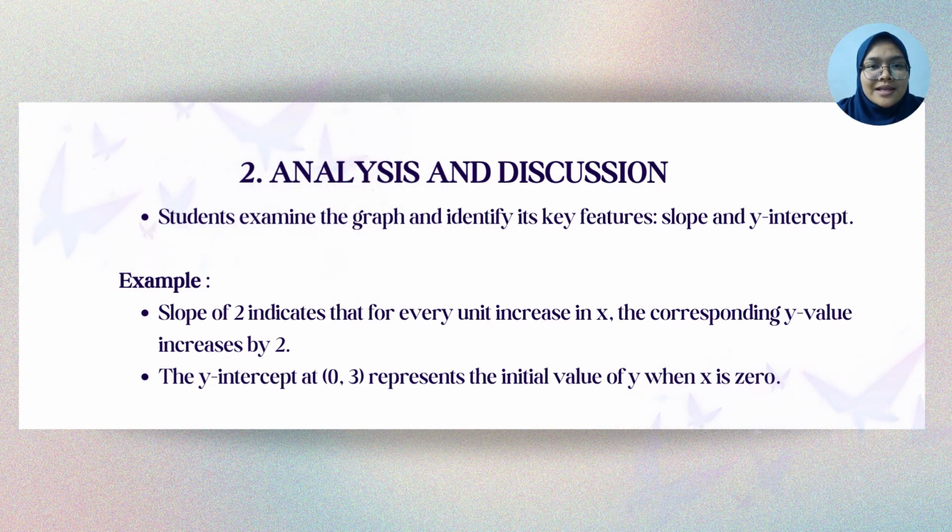Next, we will go into analysis and discussion. Students examine the graph and identify its key features, which are the slope and y-intercept. For example, they observe that the slope of 2 indicates that for every unit increase in x, the corresponding y value increases by 2, while the y-intercept at (0, 3) represents the initial value of y when x is 0.